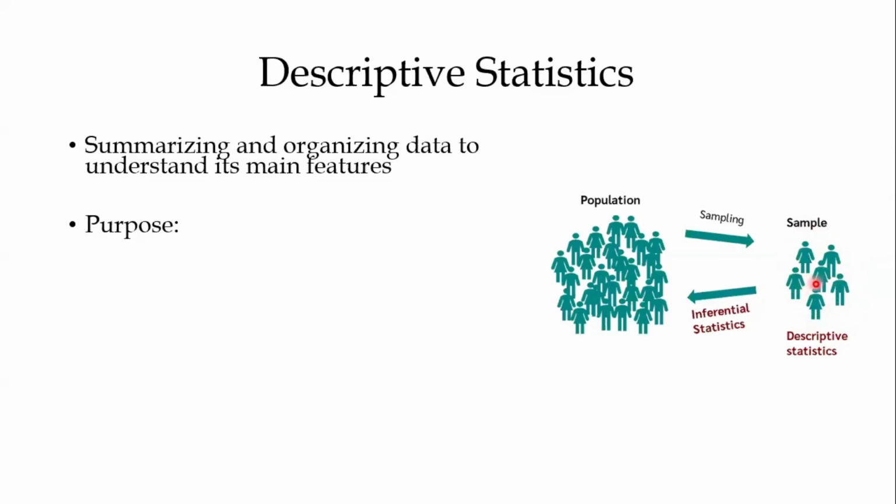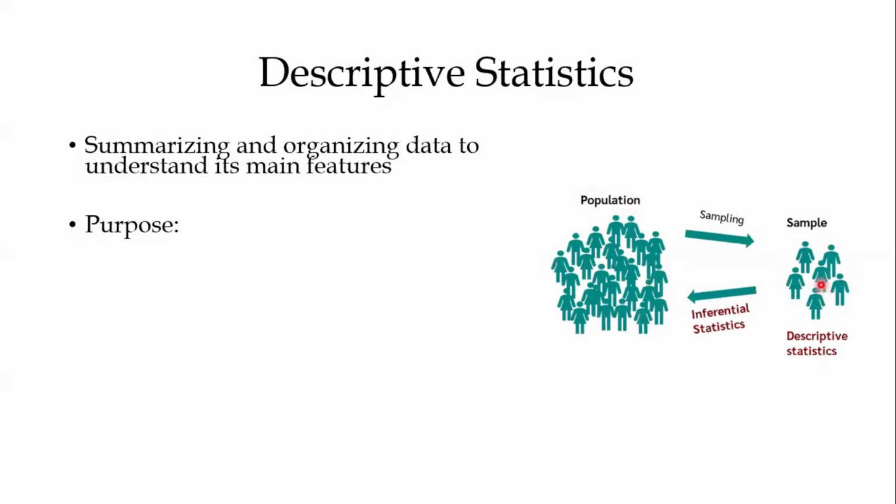To be able then to relate the findings of the sample and try to generalize them to the population from which the sample was drawn, that is what we refer to as inferential statistics. We'll be trying to say, the features we've seen in the sample, how well do they relate to the general population?